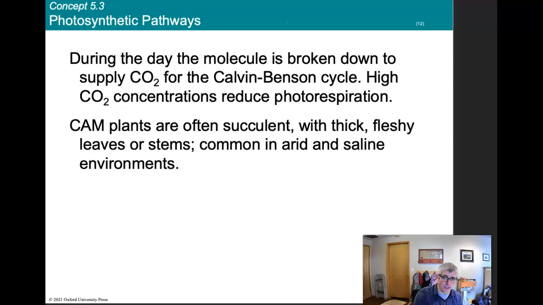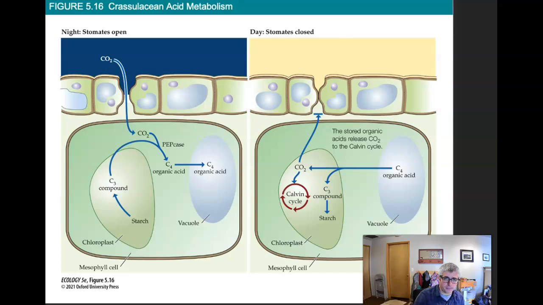CAM plants are often succulent, so you can think of this as succulents. Anything that has thick, waxy, or fleshy stems or leaves, common in arid or saline environments. So here the stomate opens at night. Carbon dioxide comes in to the PEP case, stored in this vacuole as a C4 organic acid.